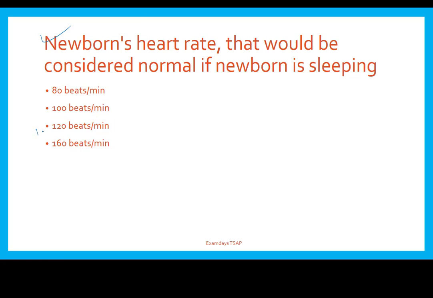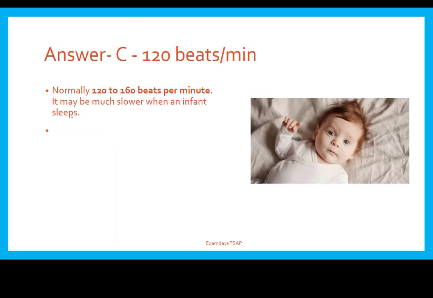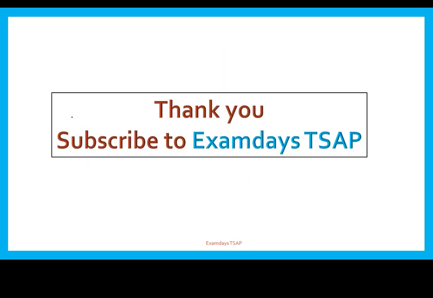The normal for the baby is 120 beats per minute. Normally it is 120 to 160 beats per minute, and it may be much slower when the infant is asleep.